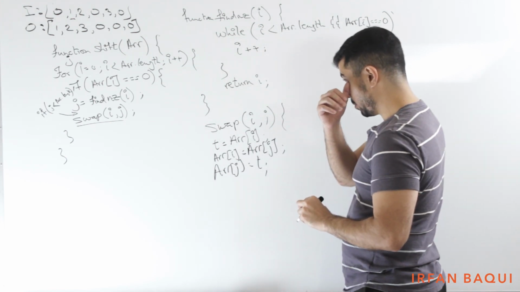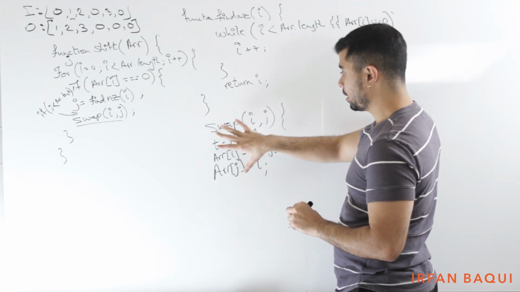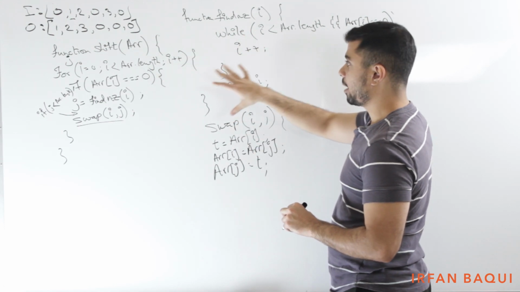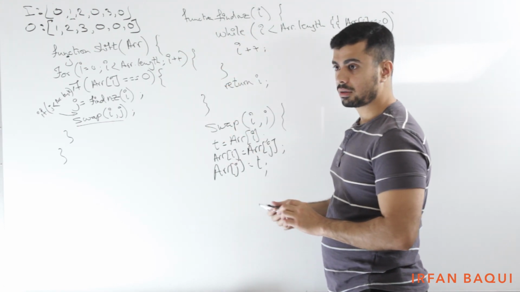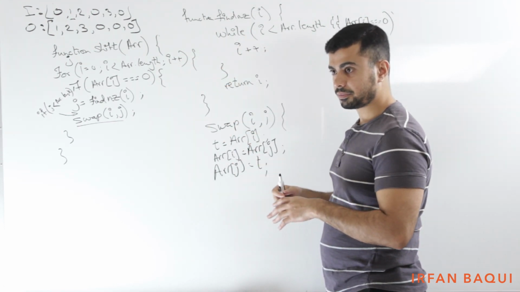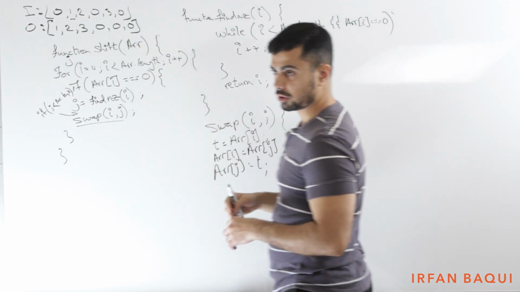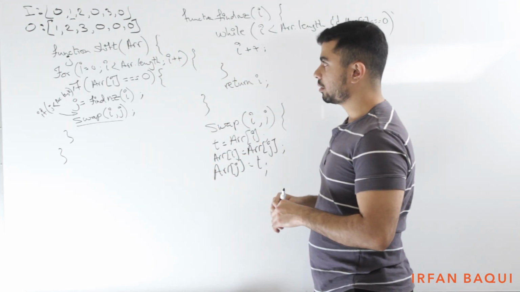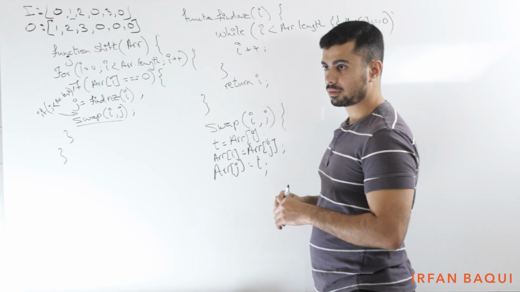So that's how we'll swap both of them. And obviously these two functions will both have the array in the parent scope. Yeah. So they'll be part of the shift function. And I think this would give us the output there.